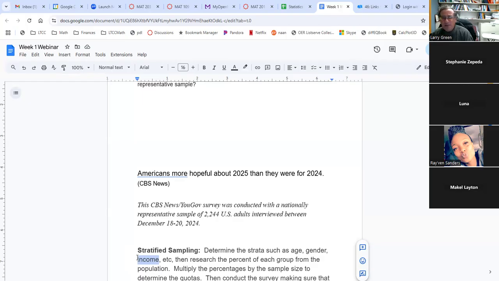So, what other strata would there be? There's a lot of good choices, by the way. And if there's ever something you think that could cause bias if you only picked a certain group, then you want to use that as one of your strata. So I don't see you typing in. I don't see anything new. Hoping to see some.